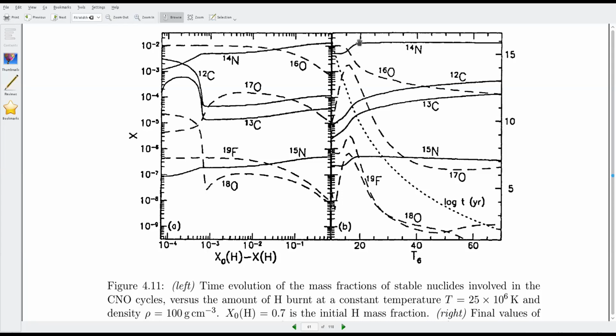You can see mostly that at some point there is a jump in the composition of nitrogen, which increases, while the other starts to drop down.